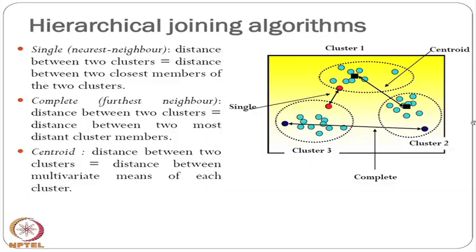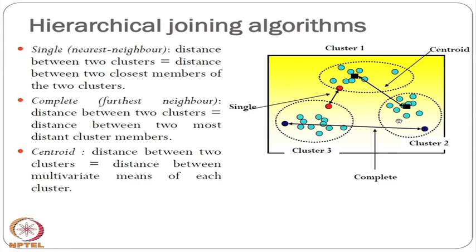Then for the centroid, the distance between two clusters is the distance between the multivariate means of the clusters. There are several variables here, actually two variables. You are basically considering the mean value for each of the variables, making the centroid accordingly, and then finding out where it is.